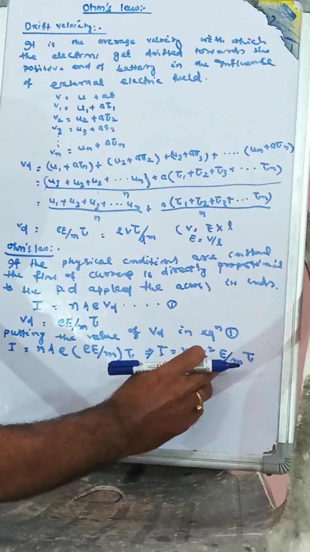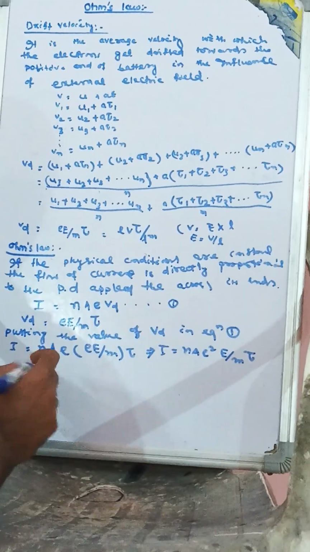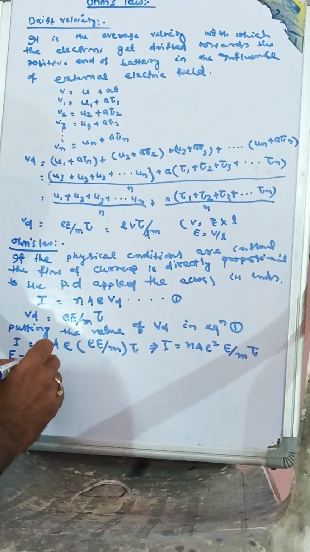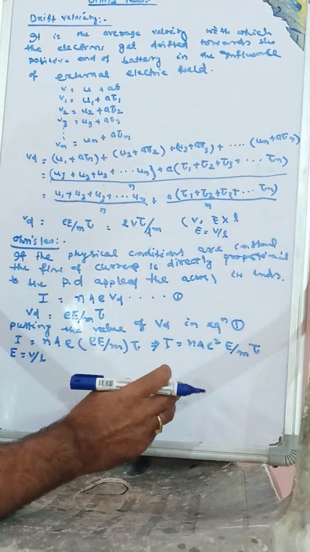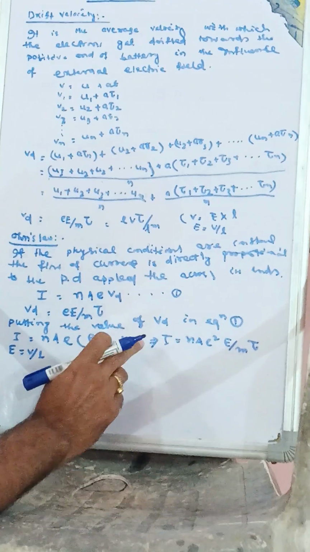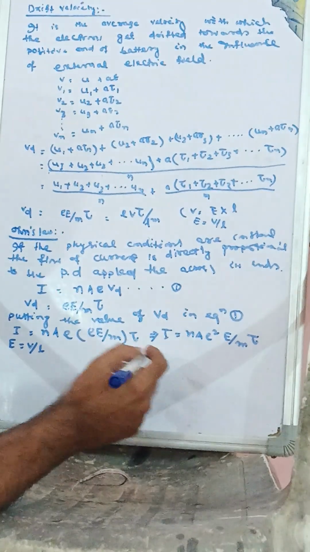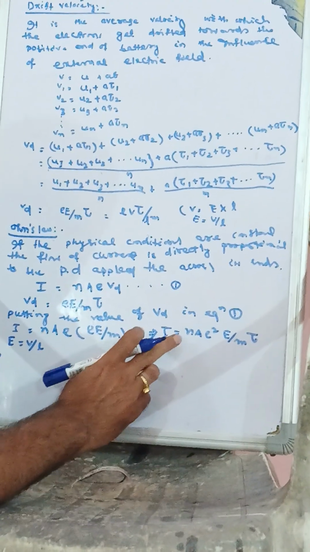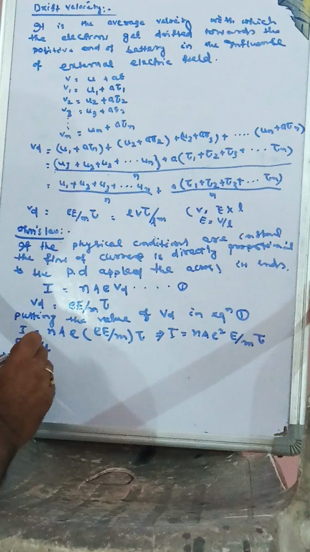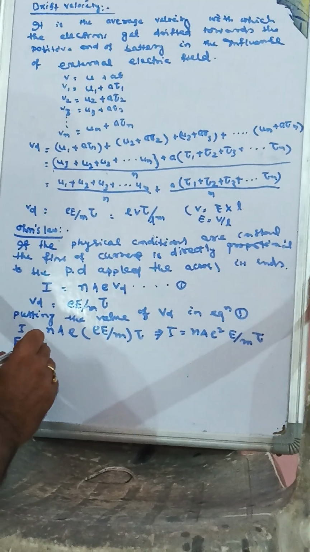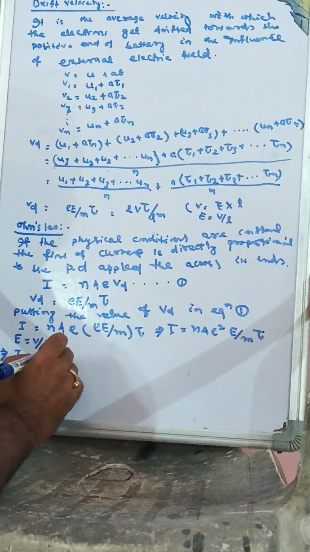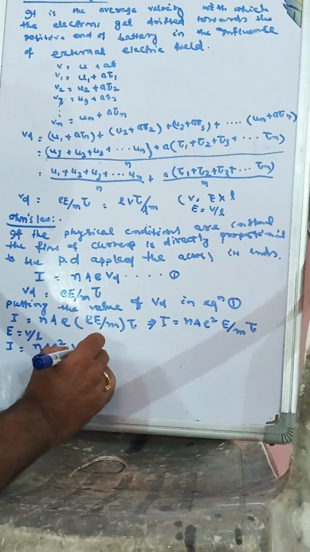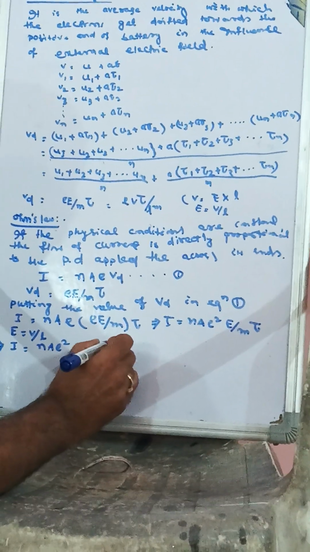Then we know E is equal to V by L. Putting the value of E in equation 2, I is equal to n A e square V by L m tau.